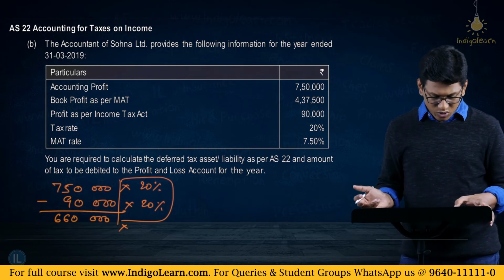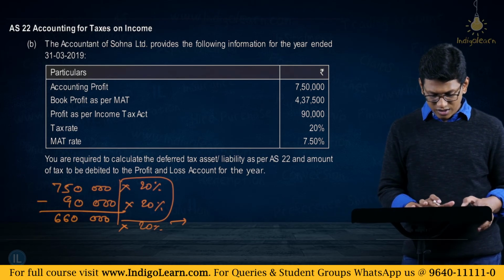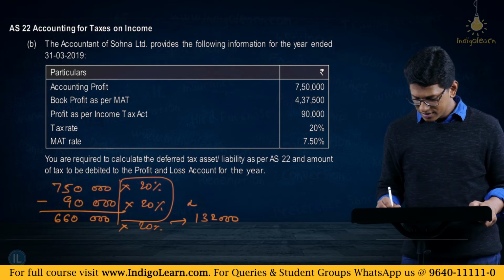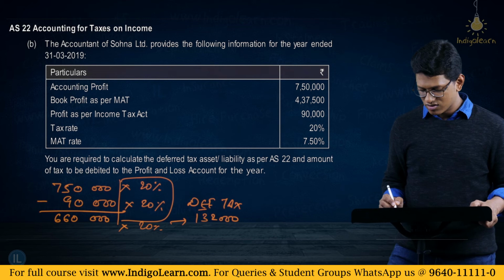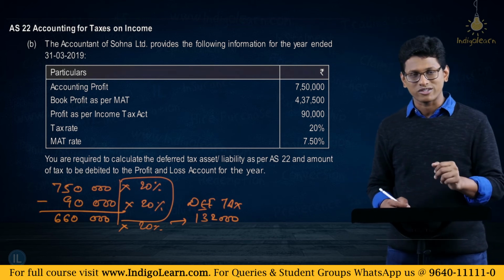So let's calculate. We don't have any other number, so we'll calculate at 20% only. At 20%, 6,60,000 into 20%, 1,32,000 is the deferred tax. Now, is it a deferred tax asset or a liability is the next question.